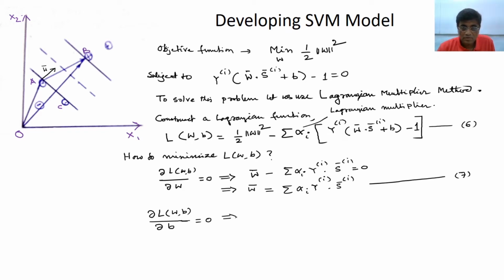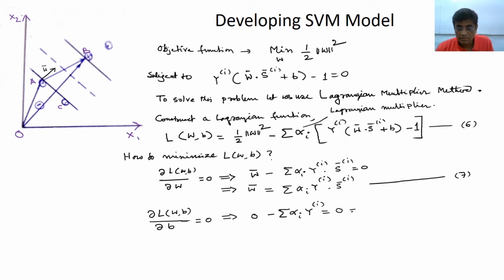So that is 0 will give you a very interesting thing. See, this is 0 minus, this is 0, now here is a B, so differentiating with respect to B, the term will be alpha sub I, y suffix I equals 0.